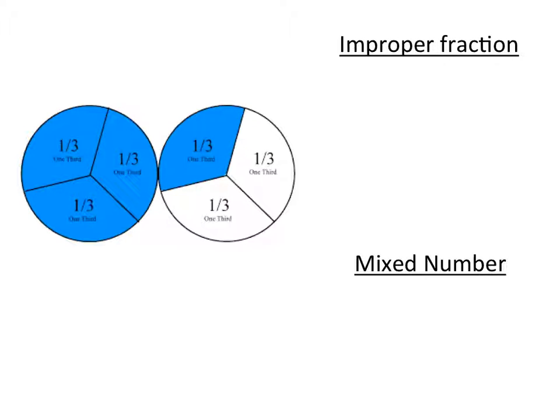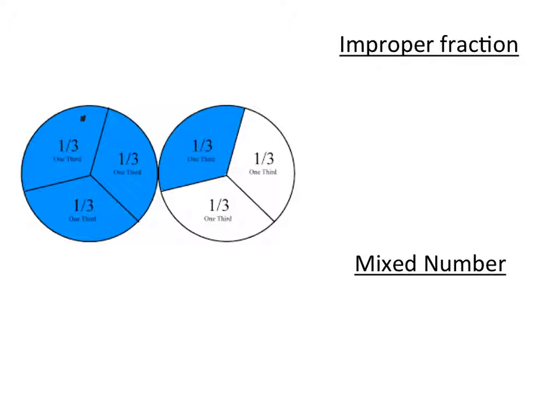First, let's look at this diagram as an improper fraction. We know that our numerator tells the number of shaded parts and the denominator tells us how many equal parts. We also know that our numerator will be larger than our denominator. So let's count our shaded parts.